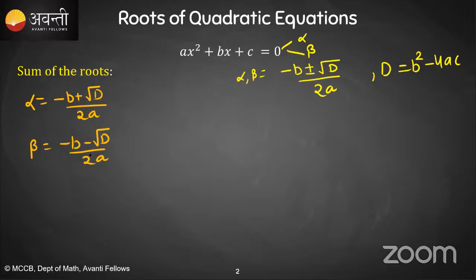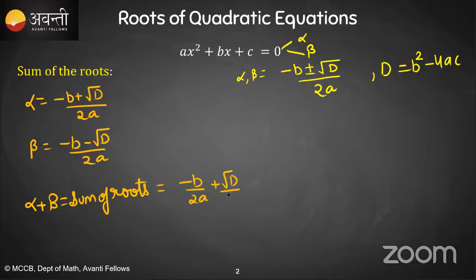So tell me, what is the sum of roots? Sum of roots means alpha plus beta. What is this value? Alpha plus beta कर दो: minus b by 2a plus root d by 2a, this is alpha, and beta is minus b by 2a minus root d by 2a.